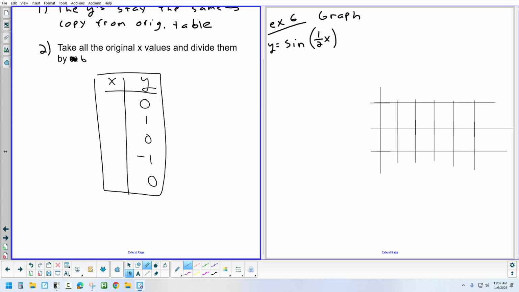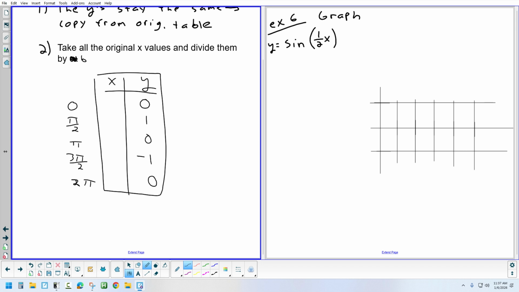I still need the original x's. I'm just going to put them on the outside. What are the original x's for sine? 0, pi over 2, pi, 3 pi over 2. Okay. So those are the originals.